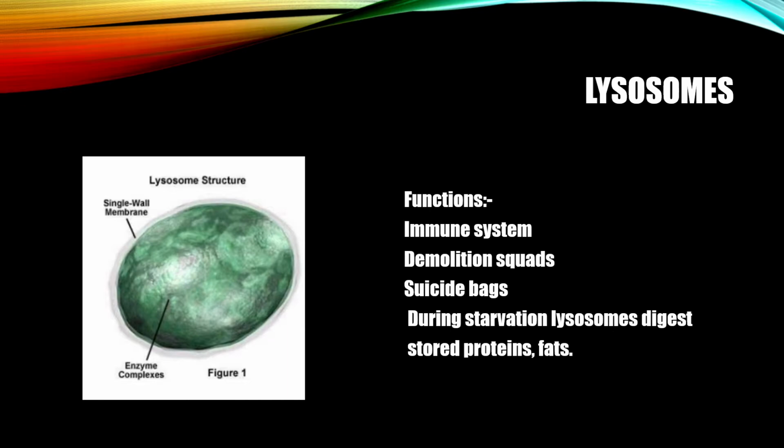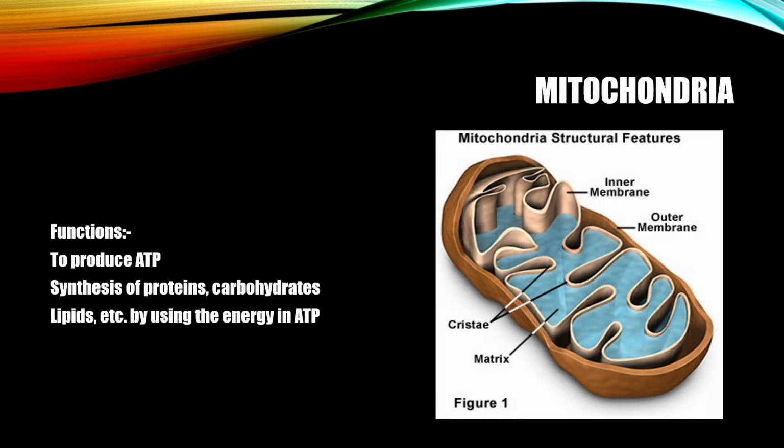When a cell becomes older or is damaged, lysosomes burst and the enzymes digest their own cells. The fourth point is that during starvation, lysosome digests stored proteins and fats. So when the cell is not getting food, the lysosome digests the proteins and fats in it, and they are used by the cell itself.